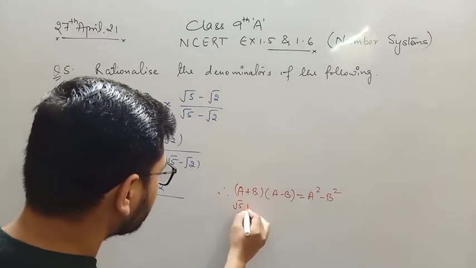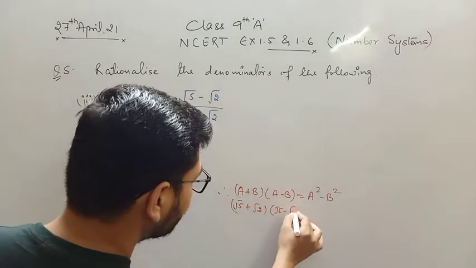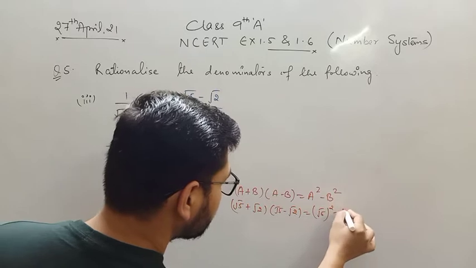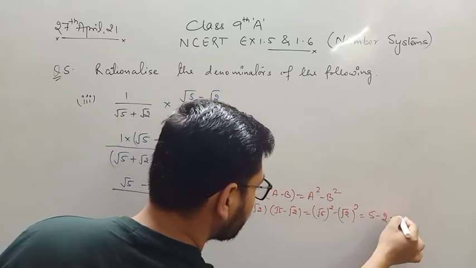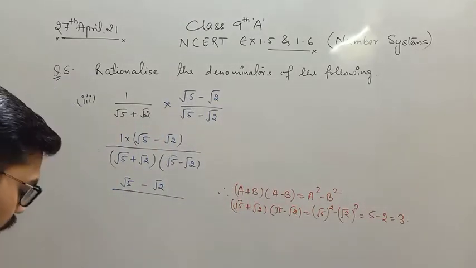So root 5 plus root 2, root 5 minus root 2 can be written as root 5 whole square minus root 2 whole square, which can be written as 5 minus 2 equals 3. Any doubt in this? Okay.